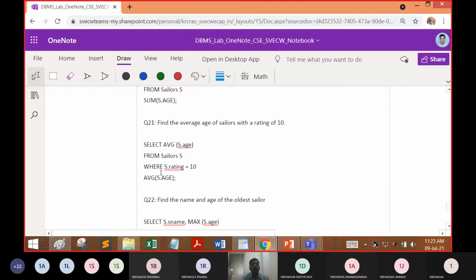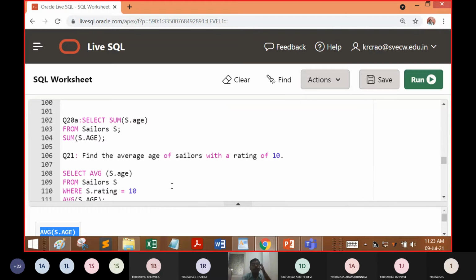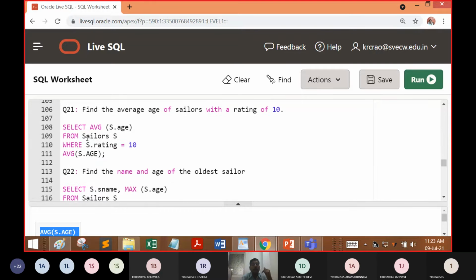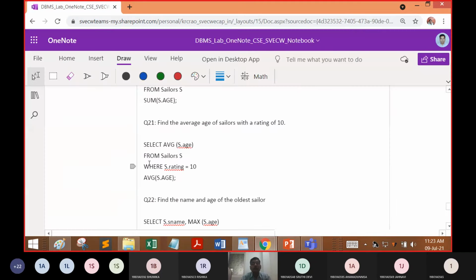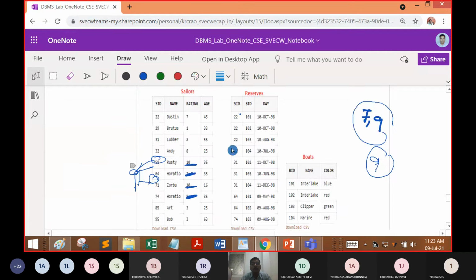Next, we need to check how the where clause is going to happen and how the condition is taken up. First of all, we should bring the entire database here and understand who is having rating 10. Rating 10 was with Rusty, and rating 10 was with Jorba. Only these two people have the rating of 10. What were their ages?